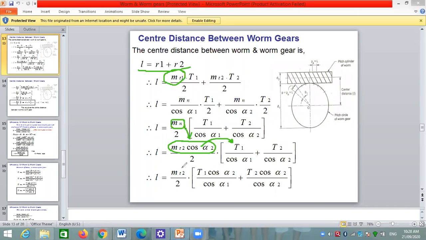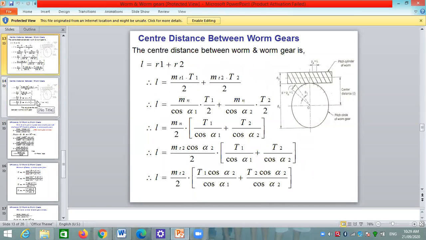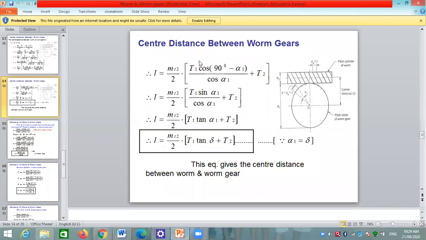Then we will get MT2 by 2 into T1 into cos of alpha 2 divided by cos of alpha 1 plus T2 into cos of alpha 2 divided by cos of alpha 2. This cos of alpha 2 will get cancelled, and we will get the next equation.